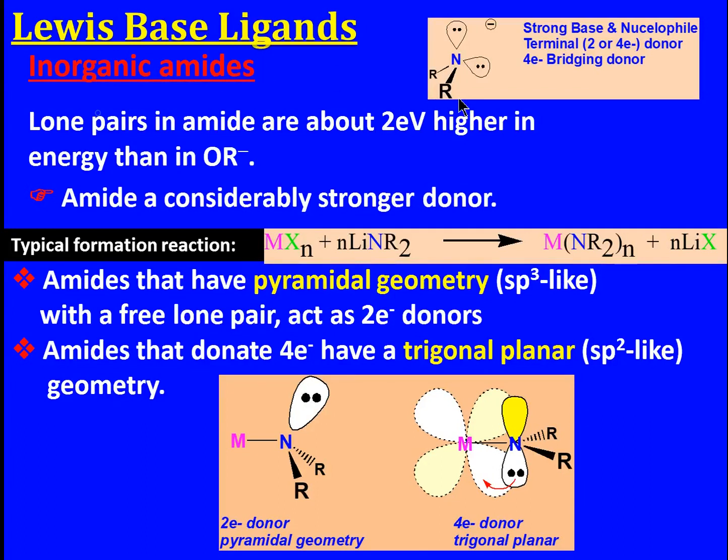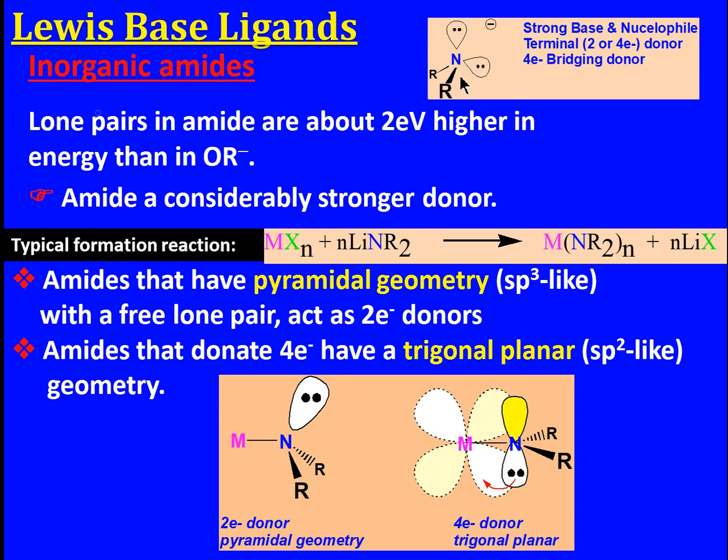Amides, R2N minus, are strong bases and nucleophiles. They can act as a 2-electron donor through the first terminal lone pair, or donate both lone pairs to the same metal, so a 4-electron donor. An amide ligand can also act as a 2-electron donor to one metal and a 2-electron donor to another metal, so it's a 4-electron bridging donor.